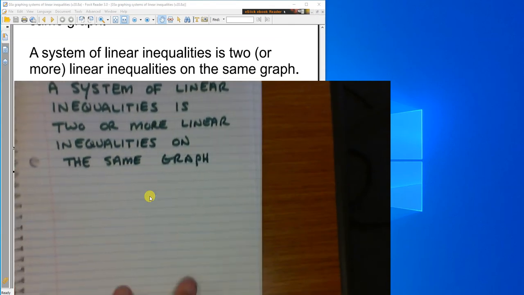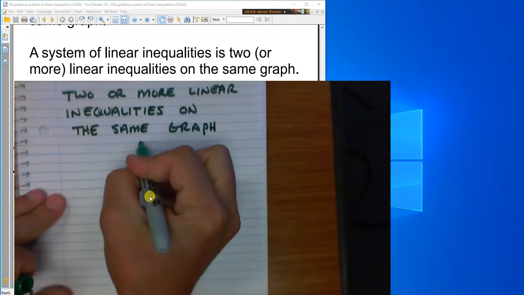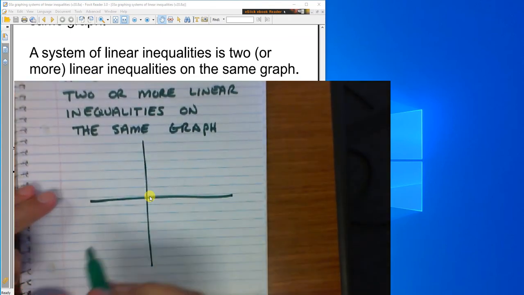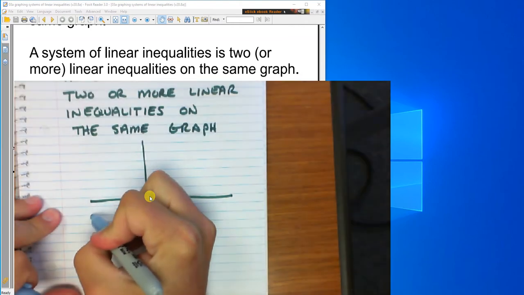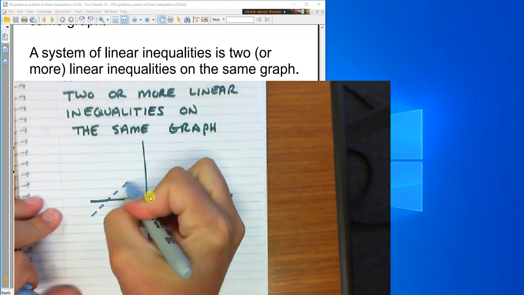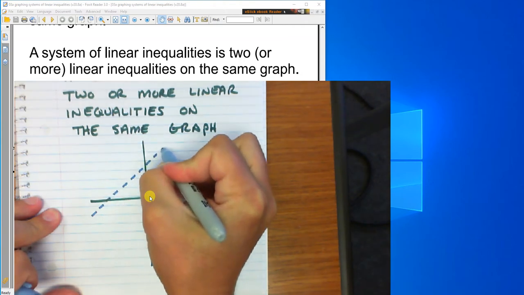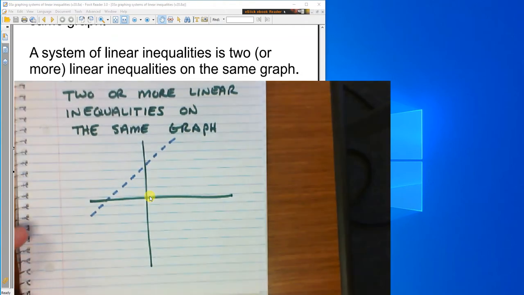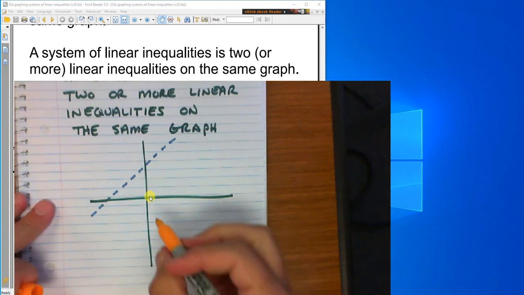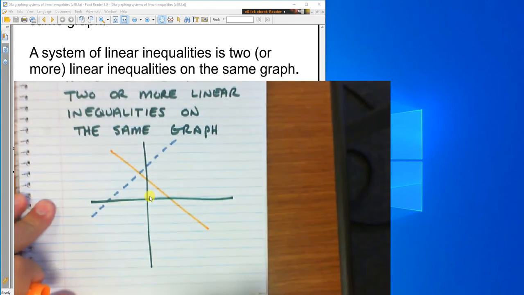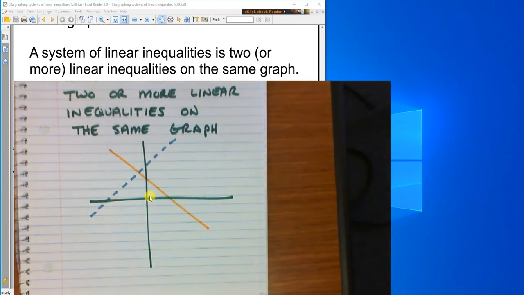What does this look like? Coordinate system. A line, I went with a dashed line on that one. Another line, I went with a solid line on that one.